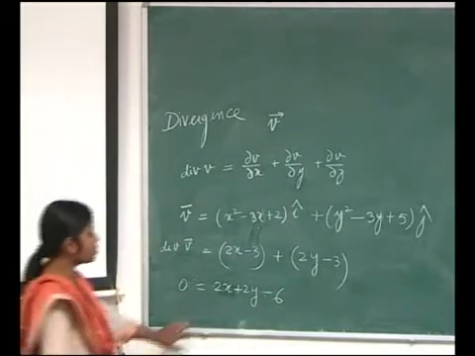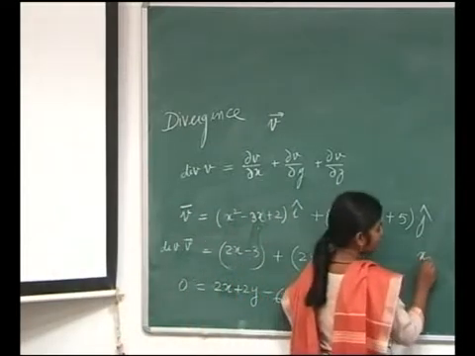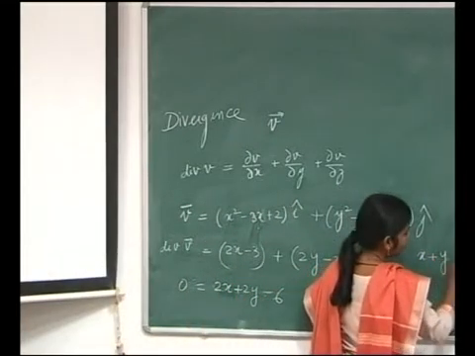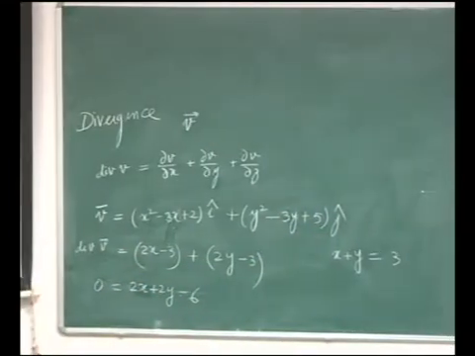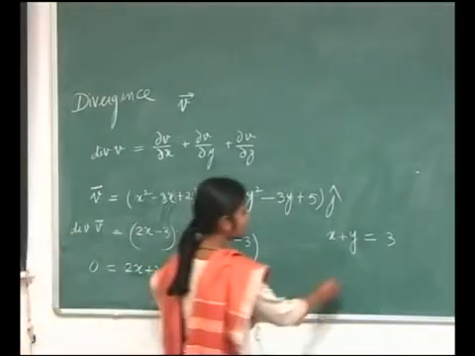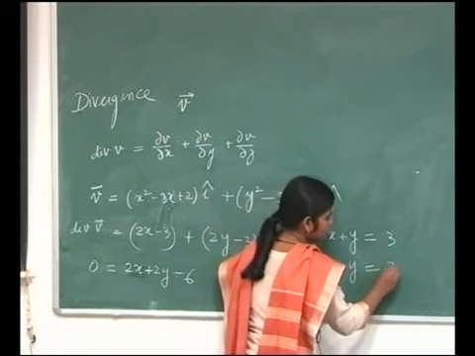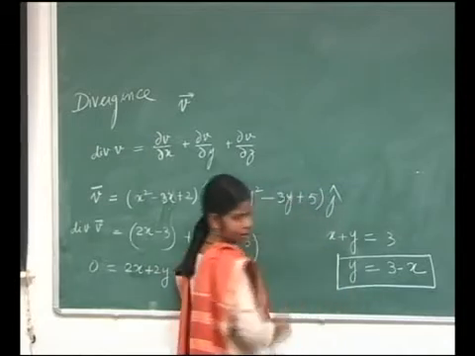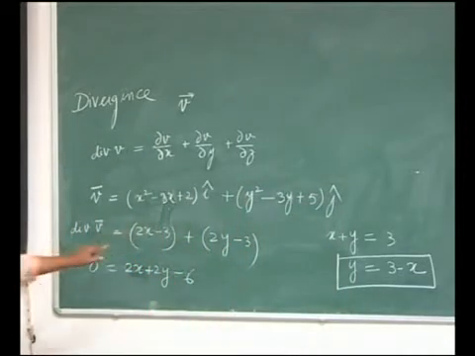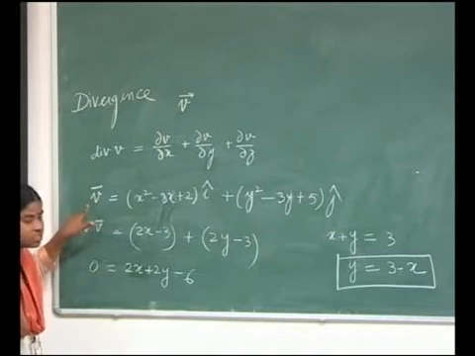So, from here I get that x plus y is equal to 3, and y is equal to 3 minus x. So, this is the line along which divergence will always be 0 for this vector field.